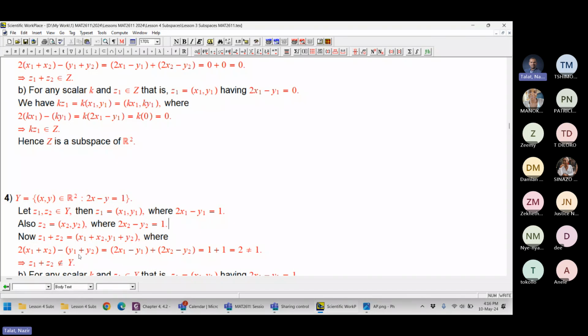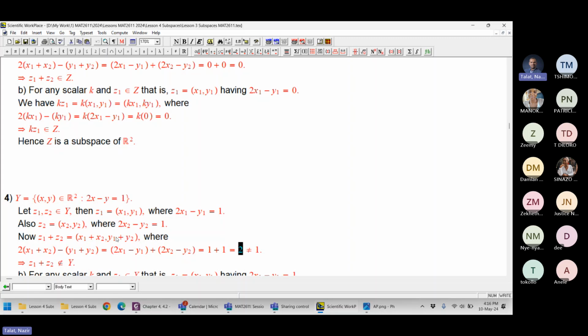And note that if we separate it, 2 times x1 minus y1 is equal to 1, and 2 times x2 minus y2 is also equal to 1, and 1 plus 1 is equal to 2. But remember that the set contains only those elements for which 2x minus y is equal to 1, not equal to 2.